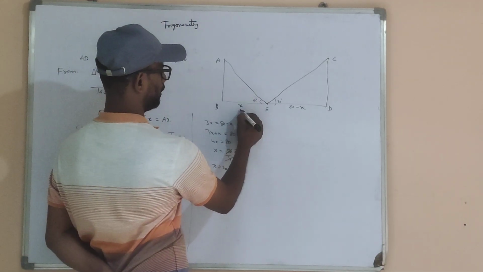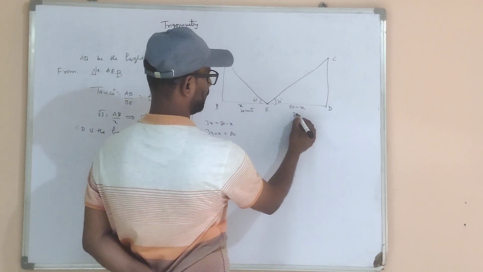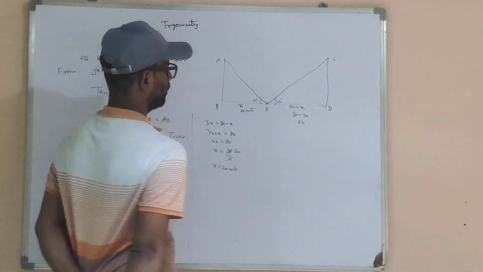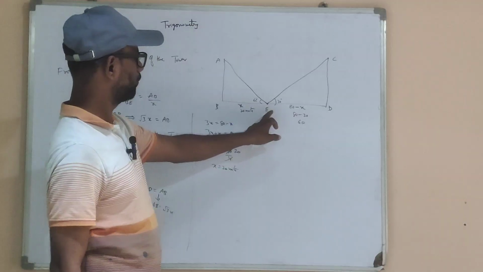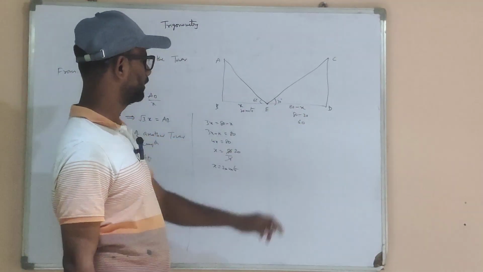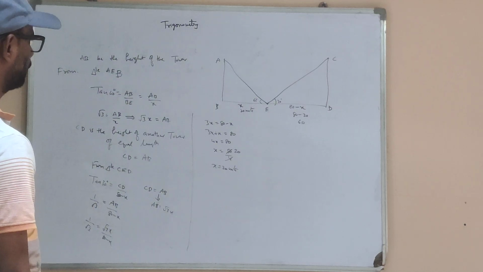So this one is 20 meters. Next, 80 minus x, 80 minus 20, this is 60. So from one pole it is at a distance of 20 meters, and from the other it is at a distance of 60 meters. Next we have to find the height of the pole.